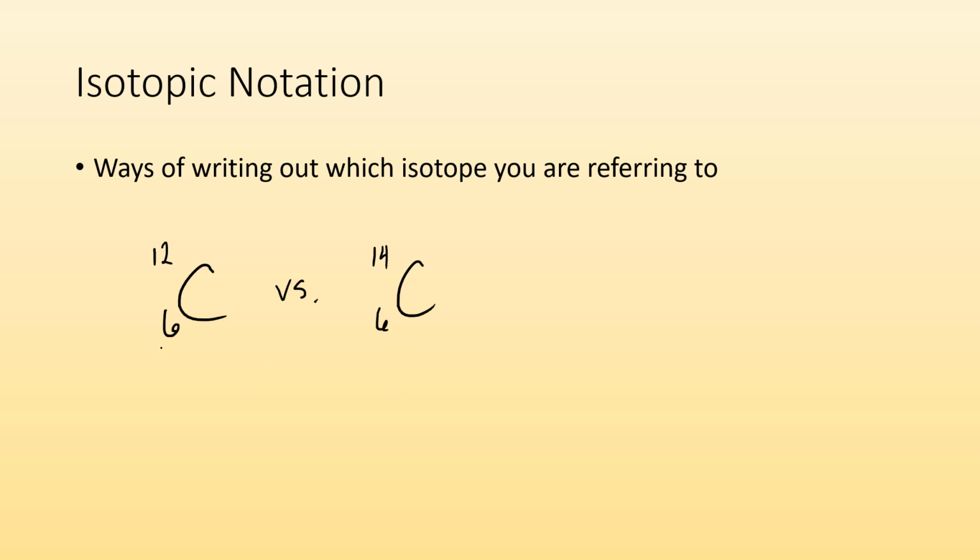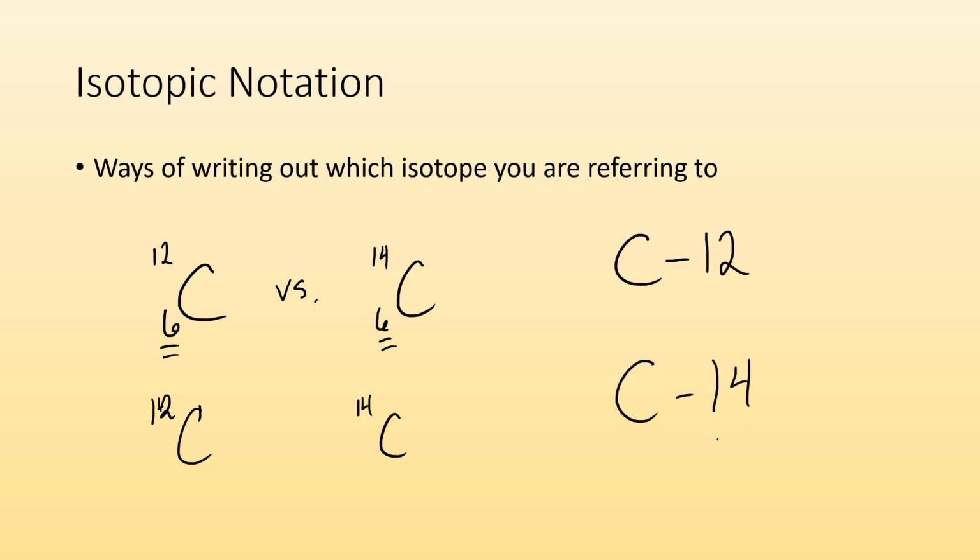Sometimes they go, hey, we know carbon has an atomic number of 6. You don't have to write that. And they'll go carbon with a 12 up top versus a carbon with a 14 up top. There's also, you can just say carbon dash 12 or carbon dash 14, where the number is the mass. And that's how we're going to write which isotope we're talking about.